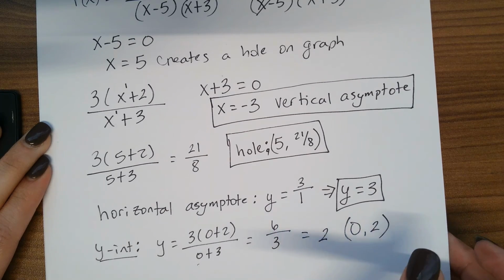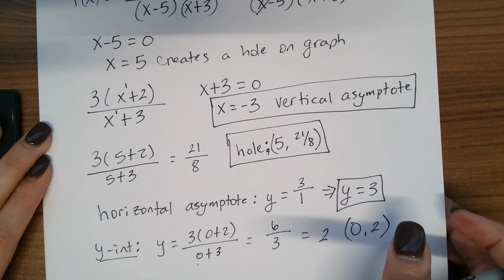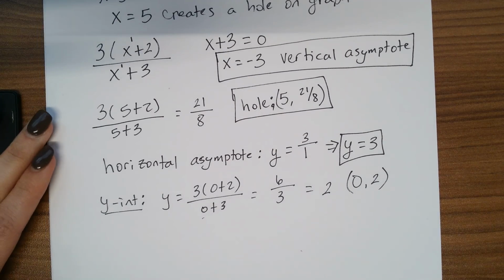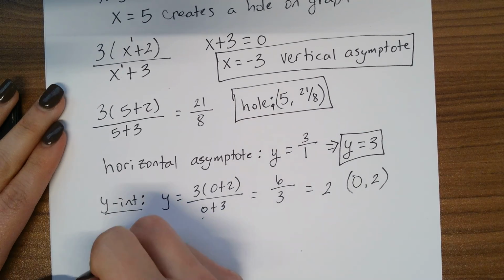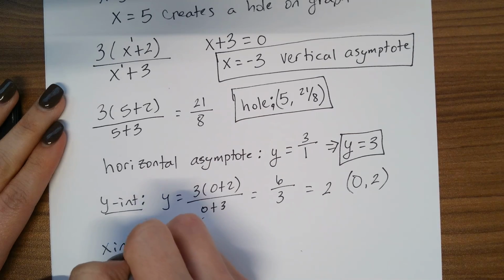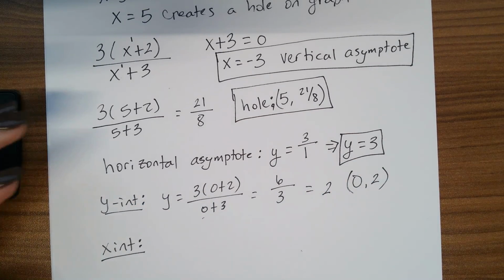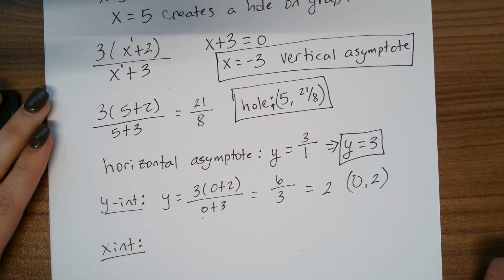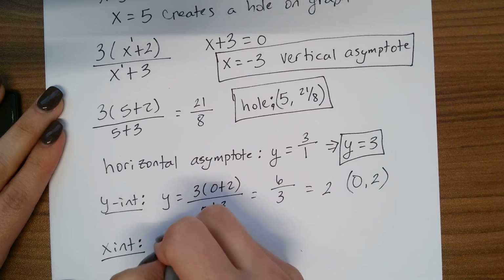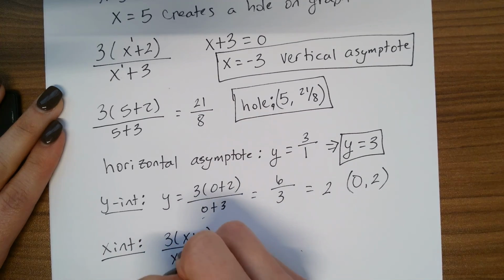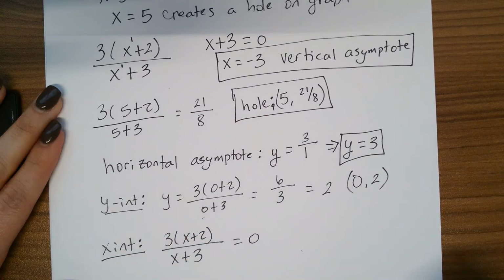So if you just want to go ahead and simplify the function first and find everything that way, it's a perfectly good way to do it. So there's my y-intercept. Finding my x-intercept, I'm going to take the function and set it equal to 0, which is the same as setting y equal to 0. So I have 3 times x plus 2 over x plus 3 equals 0.